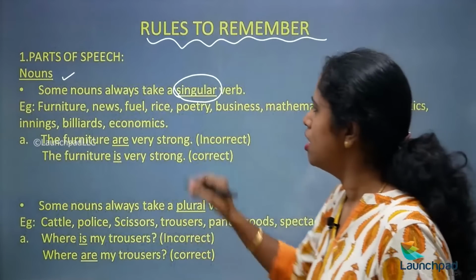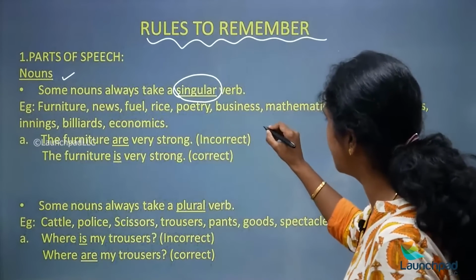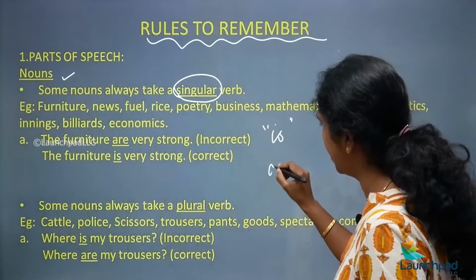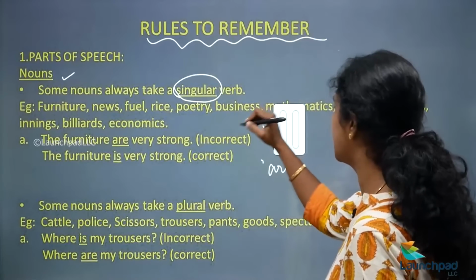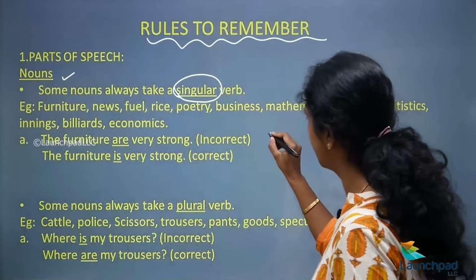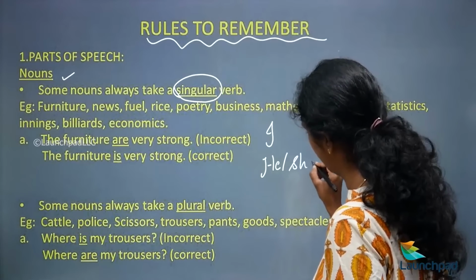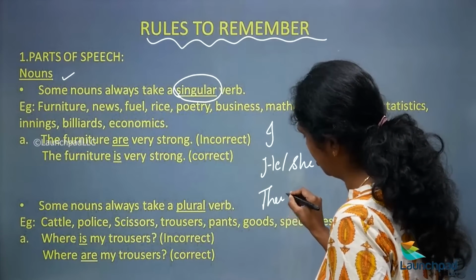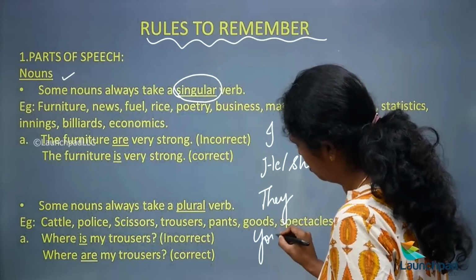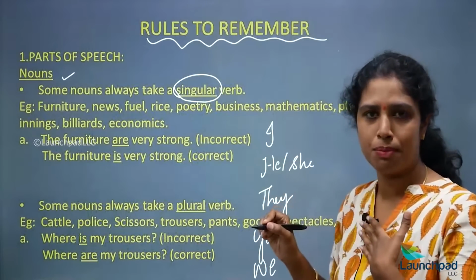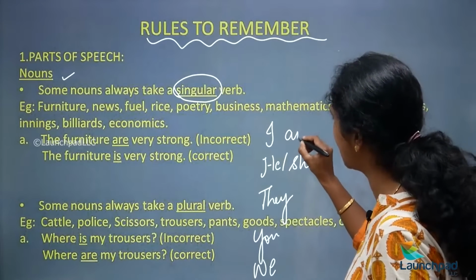For example, what is the singular verb here? Here we are taking into consideration the be form of verb, is and are. So what are singular verbs? Let me tell you. I, he or she, they, you, we. When I'm talking about myself, it is I am.